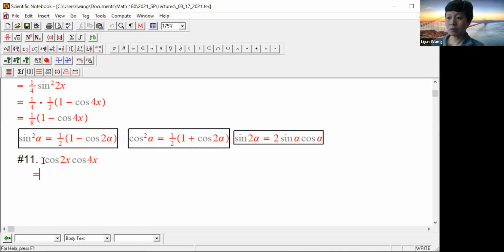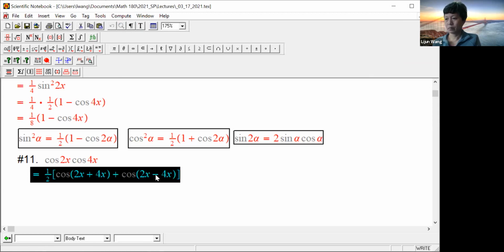Okay, so now you can just use that formula, which is half cosine 2x plus 4x plus cosine 2x minus 4x. Okay, so one more step, you're done.